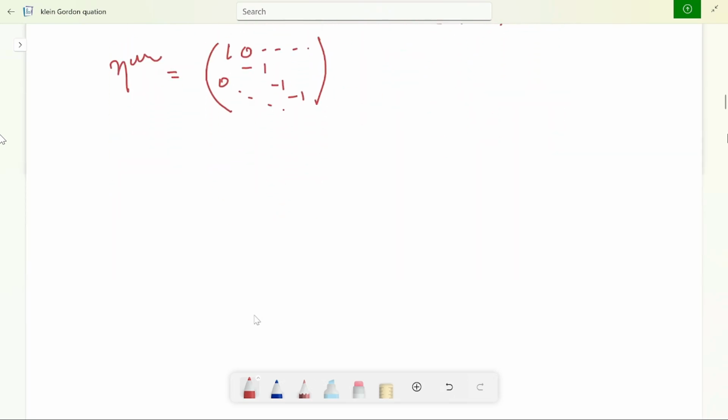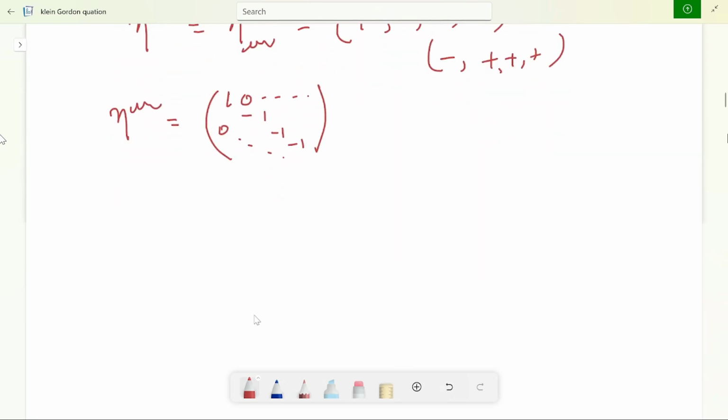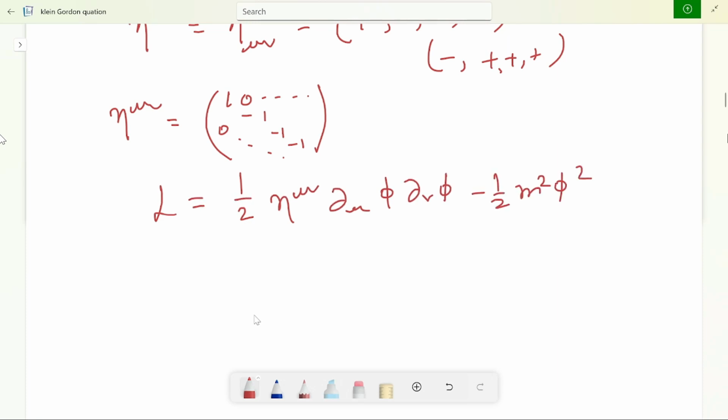So coming back to the Klein-Gordon equation, the Lagrangian density for the Klein-Gordon equation is given by half eta mu nu, d mu phi, d nu phi, minus half m square phi square.